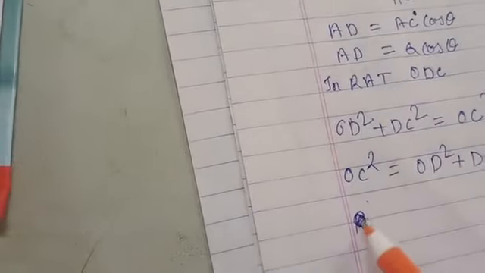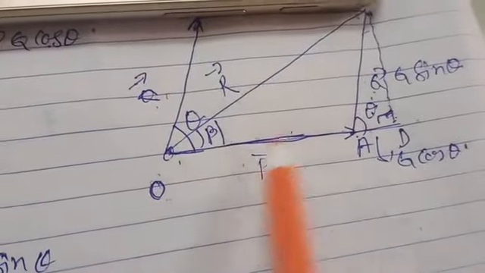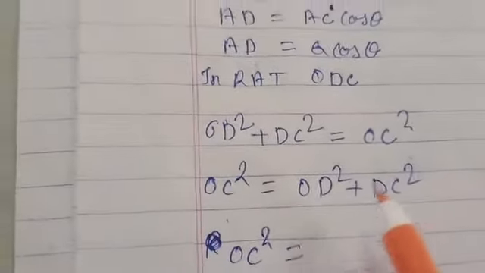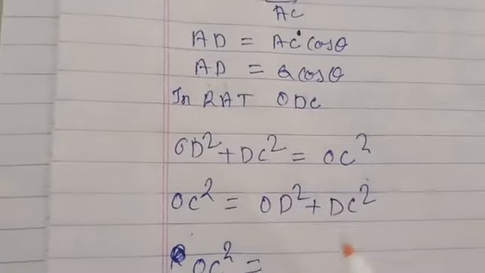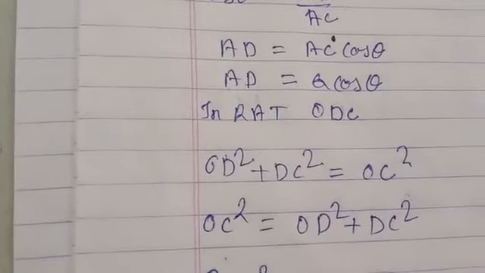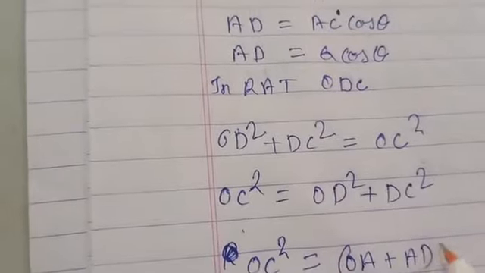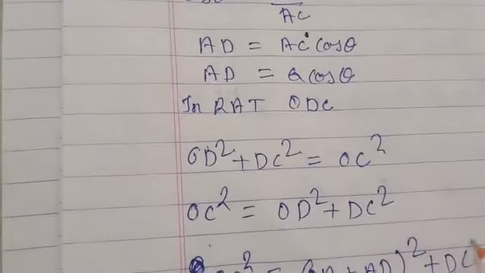Now OC square is equal to R square. Here you are seeing OD is equal to OA plus AD, so we can put here OA plus AD of whole square plus DC square.